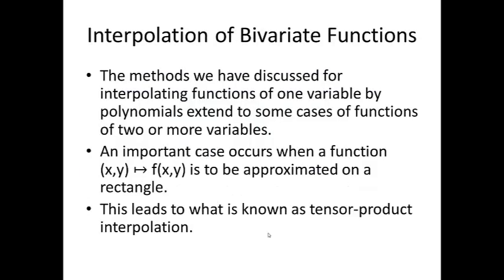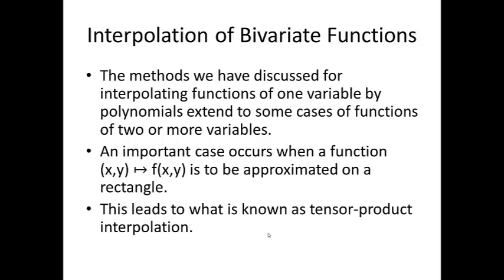And lastly, interpolation of bivariate functions. Basically, what we've discussed so far is for one variable. Interpolation by polynomials can be extended to some cases where the functions have two or more variables. An important case occurs when a function maps the pair (x, y) to the value given by the function f of (x, y), and we want to approximate it on a rectangle.